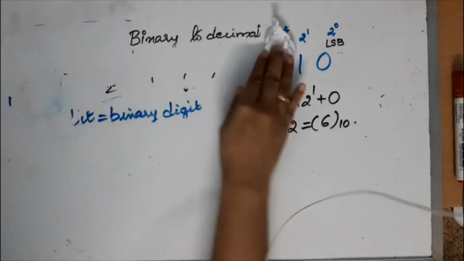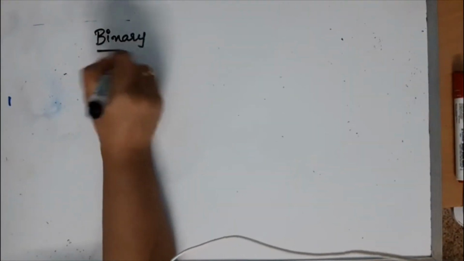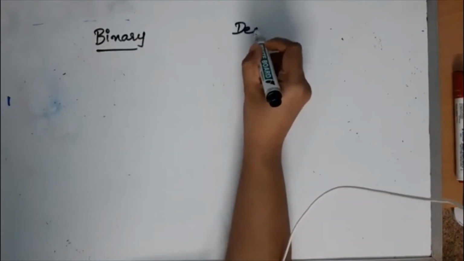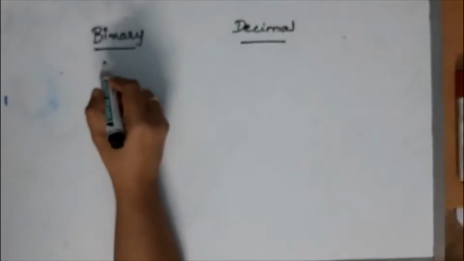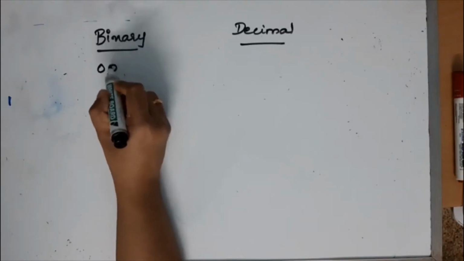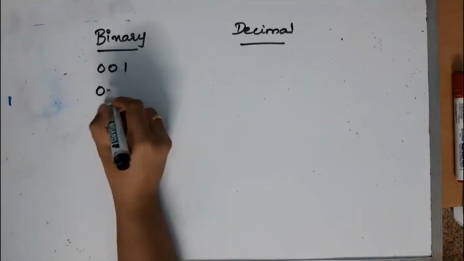Likewise, we can find the values of different binary numbers. These are some binary numbers; we will find the decimal equivalent. Suppose you want 0, 0, 1. This is 0, 1, 0, 0, 1, 1 and 1, 0, 0.